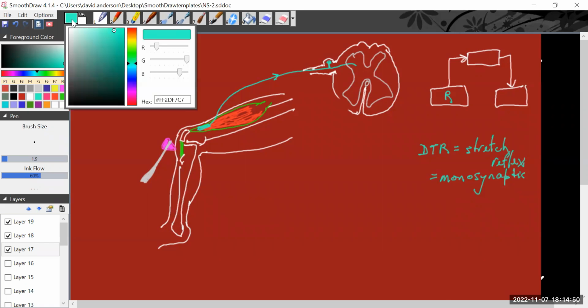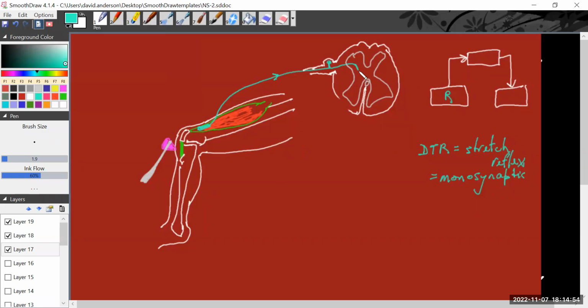So what that means is that when we carry on into the spinal cord, there's only one synapse that we need to worry about. What color am I going to make that? And it's going to leave to supply the quadriceps.